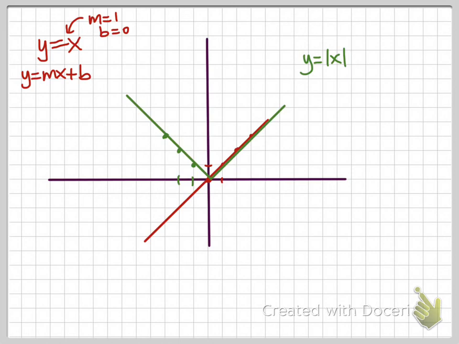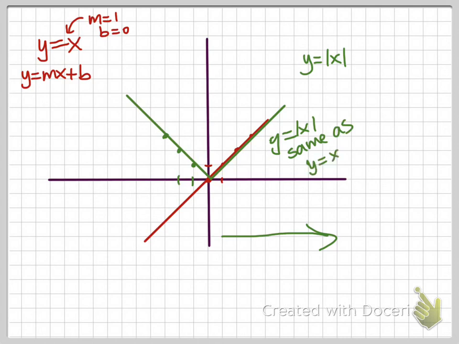Check this out. This is a very interesting thing. So everything on the right side, going this way, all of these line up with our line. Notice our absolute value, y equals absolute value of x, is the same as y equals x.